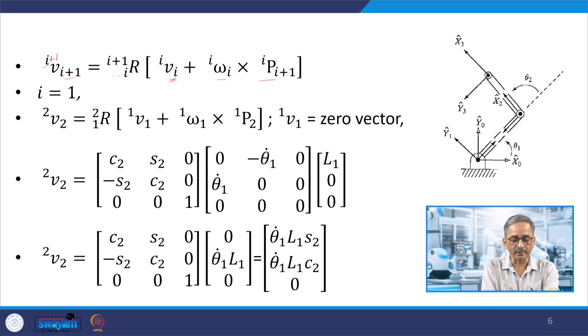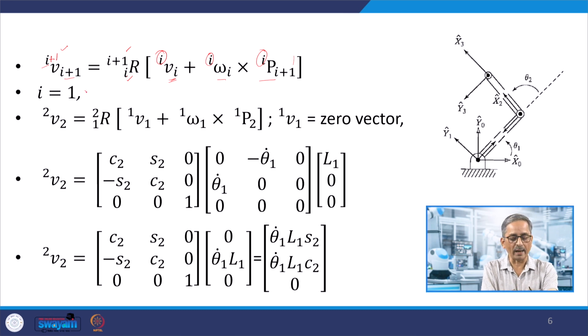And everything has to be expressed in terms of the (i+1)th frame. So, we need this transformation i to i plus 1. Here everything is expressed in terms of the ith frame. Okay. So, I can put them in a bracket and do this transformation i to i plus 1, right. So, this is my general velocity propagation equation.